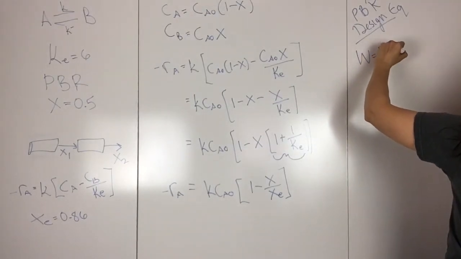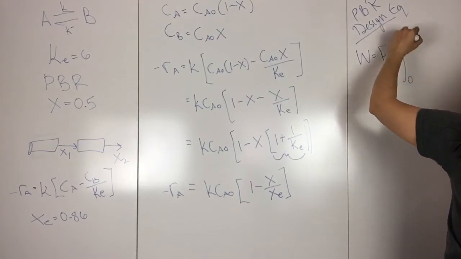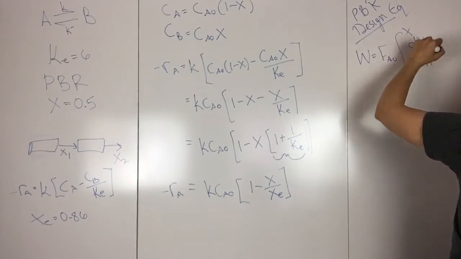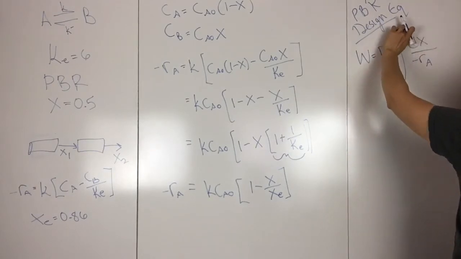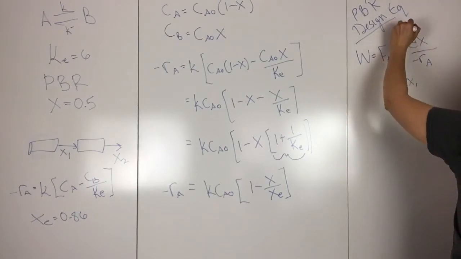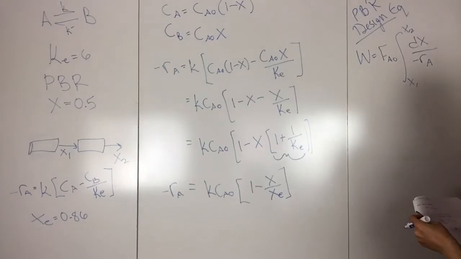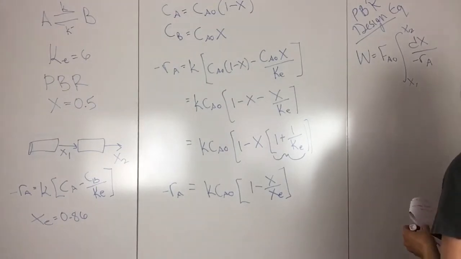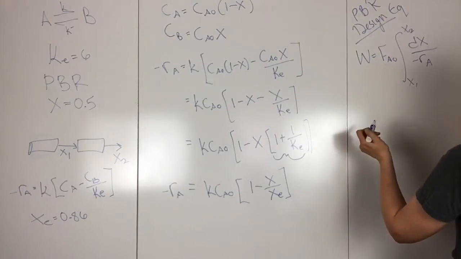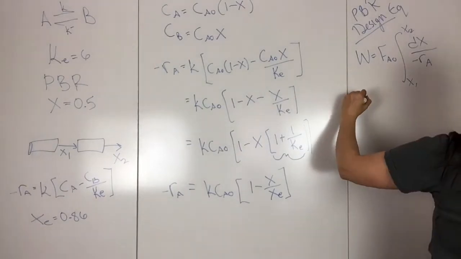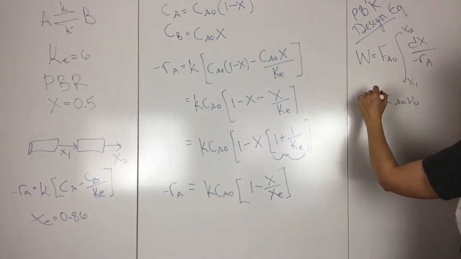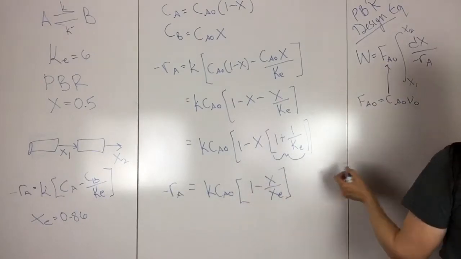So the weight is equal to Fa naught, integral from 0 to x of dx over minus Ra. I'll just write that for now. So then, coming back to this equation again, Fa naught is equal to Ca naught V naught, so we can plug that in and plug the rate in.